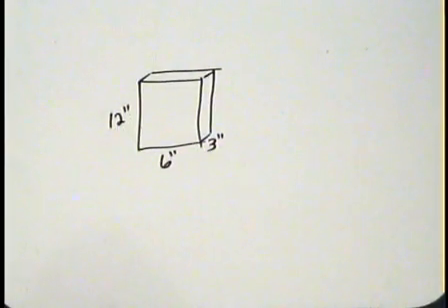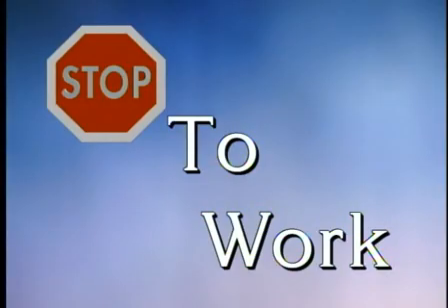What I'd like you to do first is to find the volume of that box. We talked about the volume of a rectangular solid. So stop the clock and compute the volume of that box. The volume of this box of cereal is simply 12 times 6 times 3, or a total of 216 cubic inches.